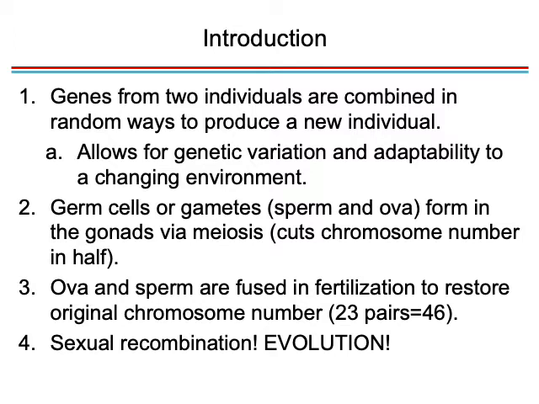So, in order to produce this recombination that we call sex, there has to be a unique process involved known as meiosis, which reduces the chromosome number in half, the so-called haploid number. In humans, it's 23. When sperm and egg get together and fuse, you restore the 46 human chromosomes, or the 23 pairs.